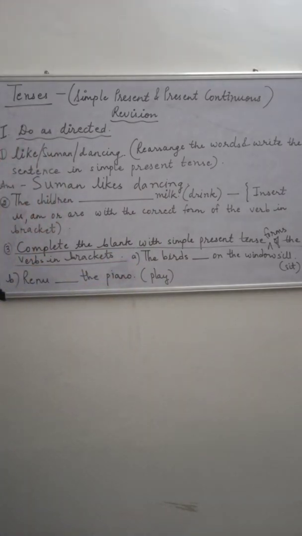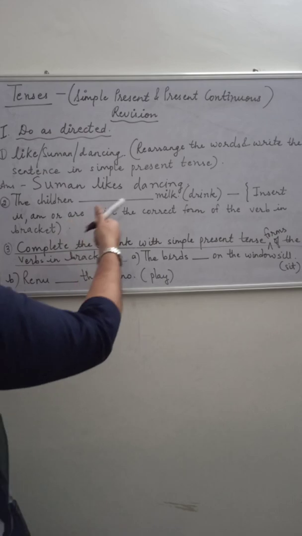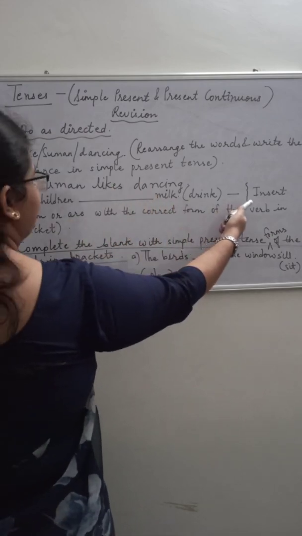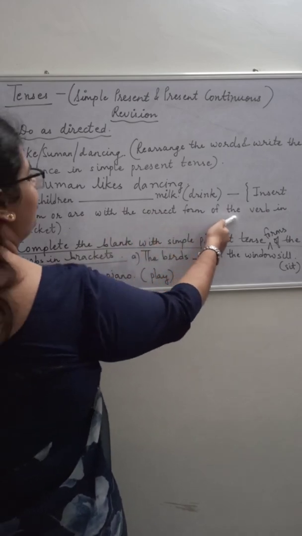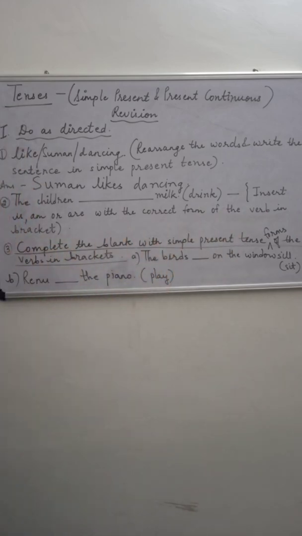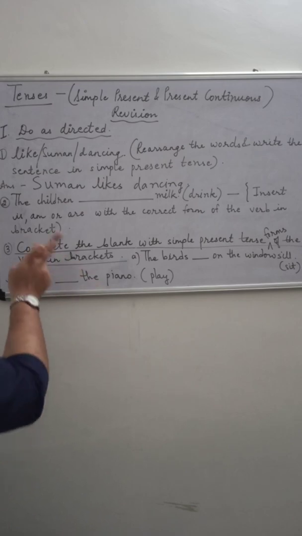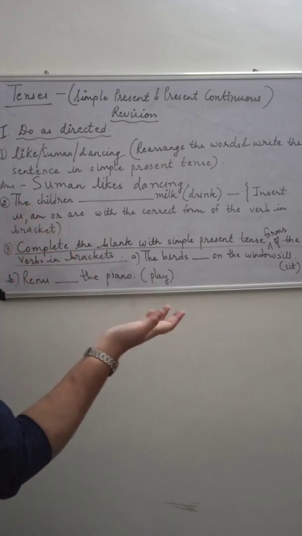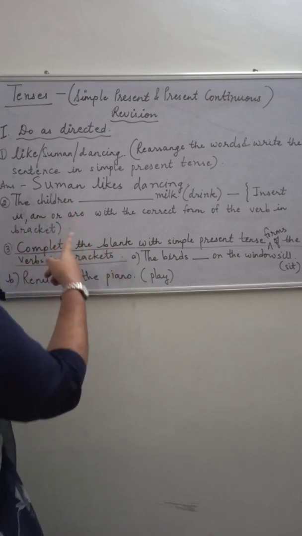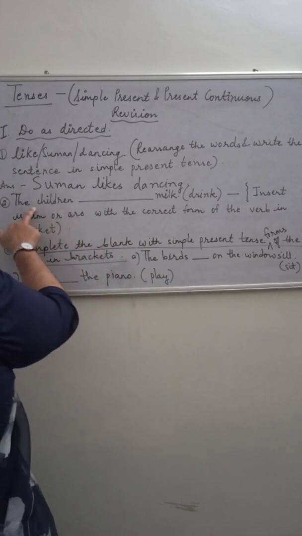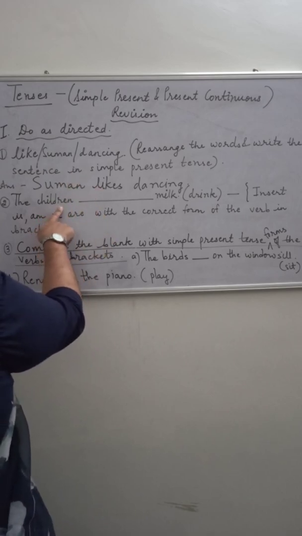Second one, the children dash milk. In the bracket it's drink. We have to insert is, am or are with the correct form of the verb in the bracket. Now see, I told you when do we use is, am or are? We use is with a singular noun, we use am with the pronoun I, and we use are with plural nouns. So here we are talking about more than one child, we are talking about a plural noun.